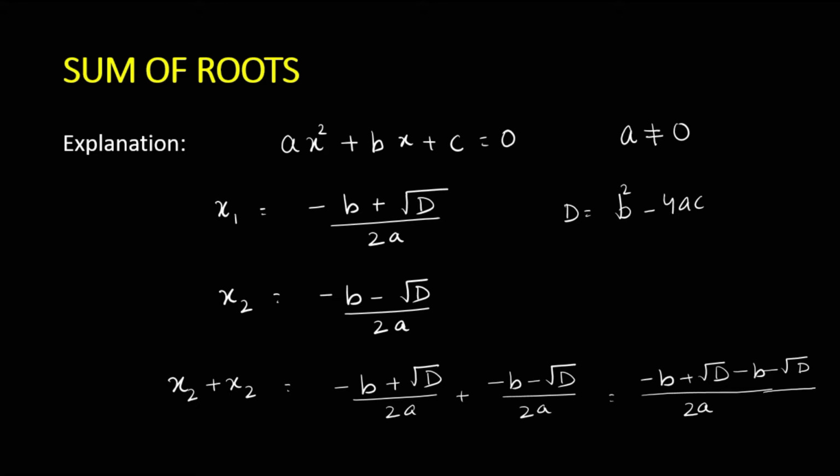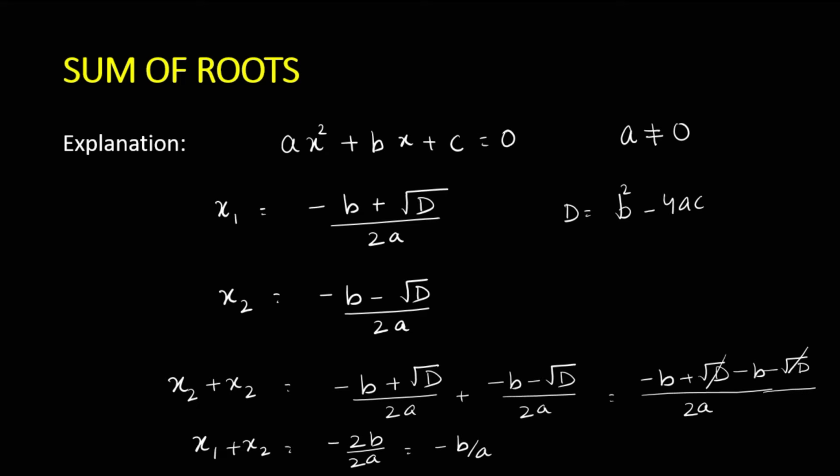Here plus under root d and minus under root d cancel the effect of each other, so we can cancel these two terms. We can write here sum of roots x1 plus x2 is equal to minus twice of b over twice of a, so this is minus b over a.